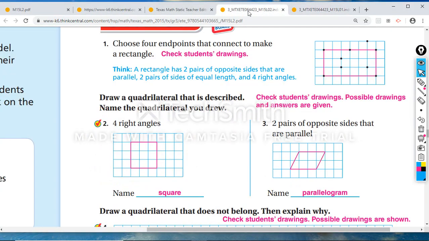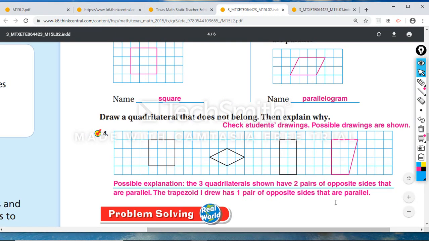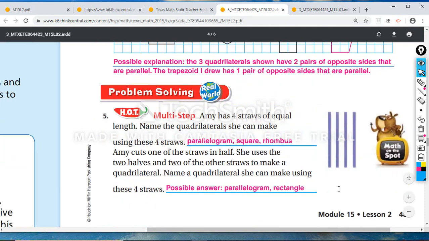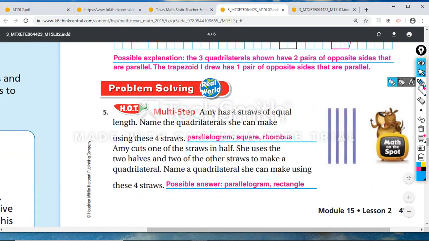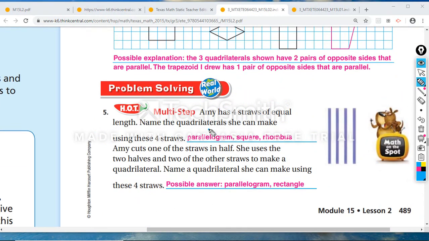So if we look at our possible answers here, the shape she can make with the four straws is a parallelogram, a square, and if it's a square, it will also be a rhombus. Okay, can you see it? You should be able to see it.